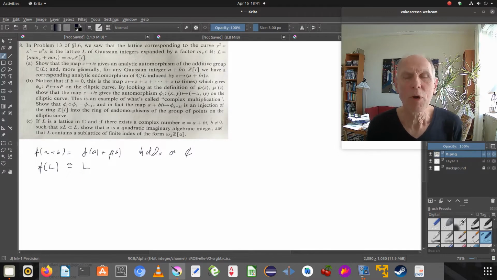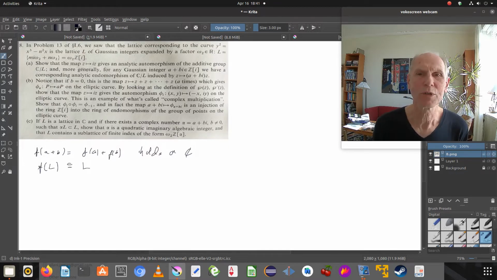but this problem made me think, what are the automorphisms of this group? That's a totally new concept for me. So I thought a little about it, and let's see if I have found the answer. So we have the projection.